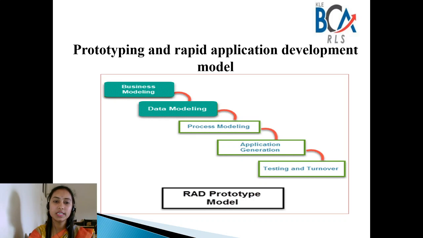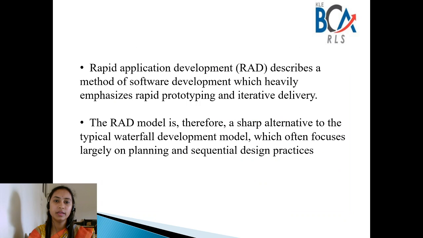The last one is testing and turnover. As prototypes are individually tested during every iteration, the overall testing time is reduced in this development. Let us see the next slides.